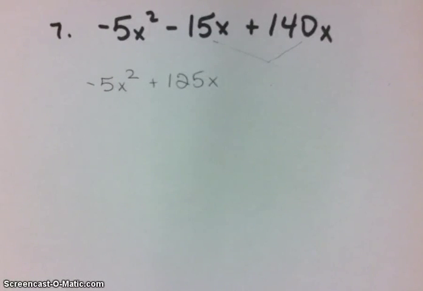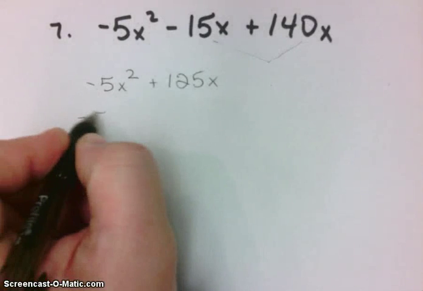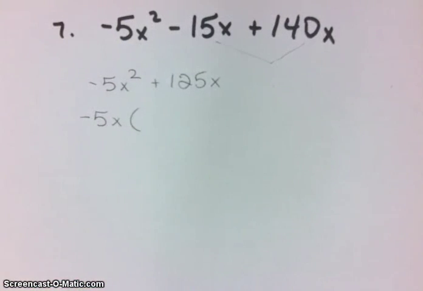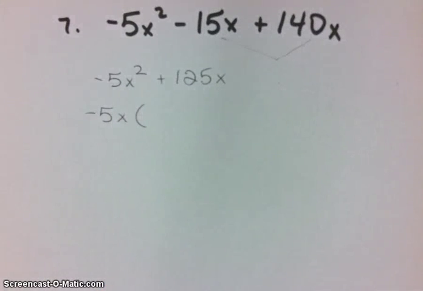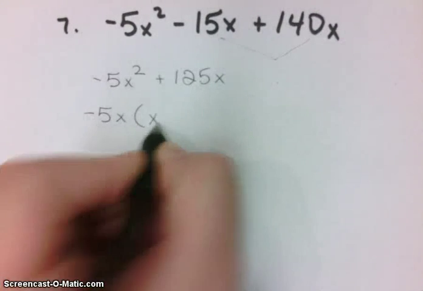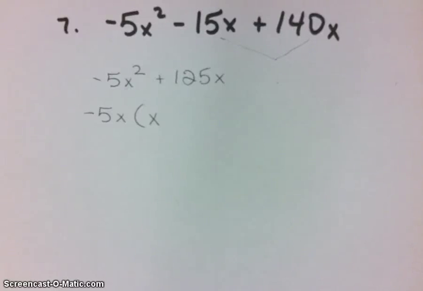Let's go ahead and pull out a negative 5x. That's common to both, isn't it? So I'm going to pull out a negative 5x from both. If I take a negative 5x out of this negative 5x squared, what am I left with? Well, I'm left with just an x. In fact, a positive x.